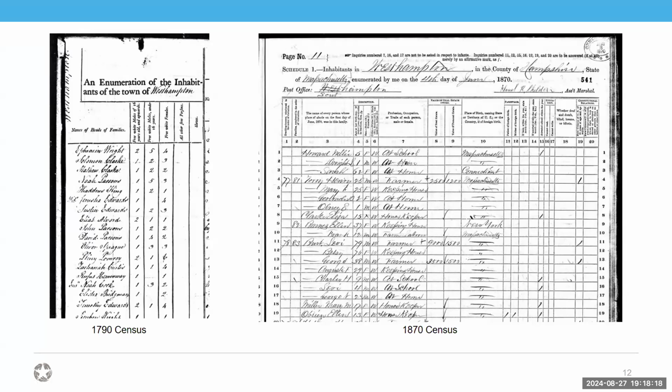And then free white males under 16 is the second column. And then the third is just free white females, and then that number tallied there. So, for example, you can see that first line says Ephraim Wright. There were 4 white females in his household in 1790.